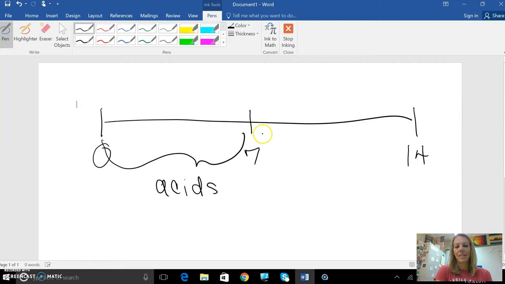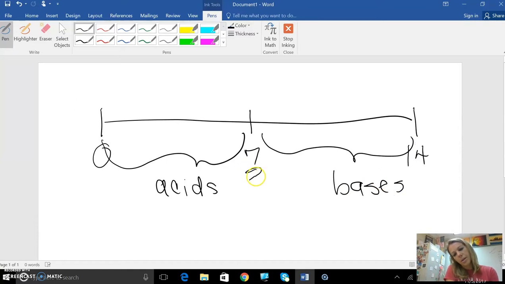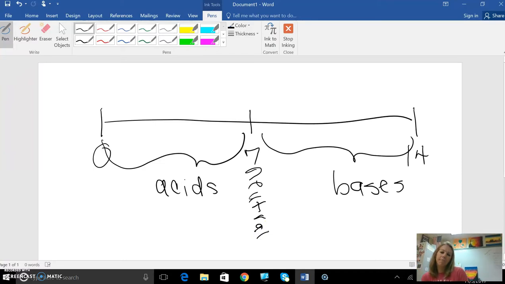Sorry for the sloppiness. And this side is bases, and right in the middle is a neutral.